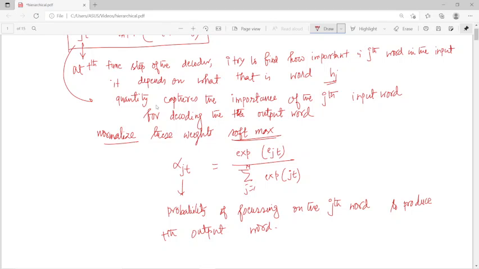So now we are trying to learn this alpha, and there will be new equations.